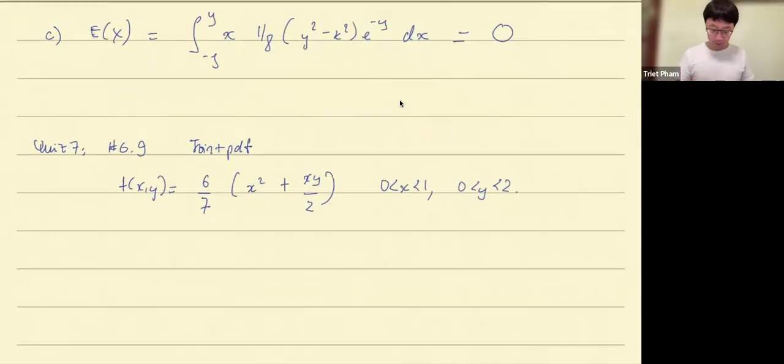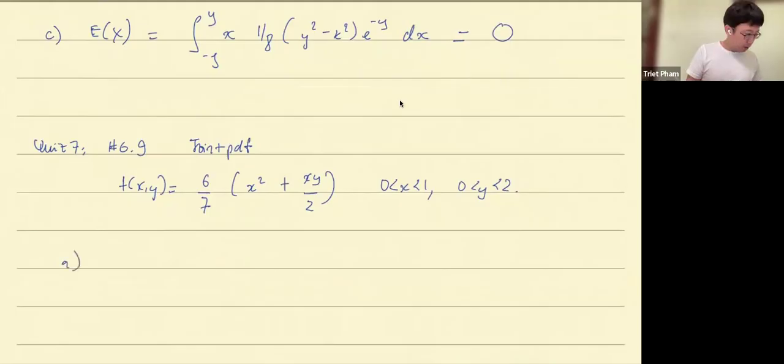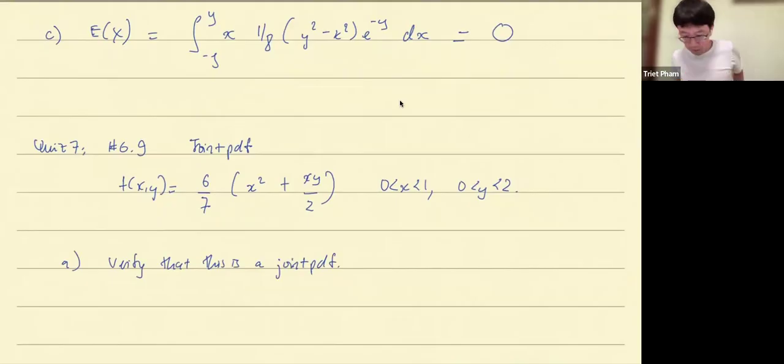Okay. In part A, they ask you to verify that this is a joint PDF. So where's the support?